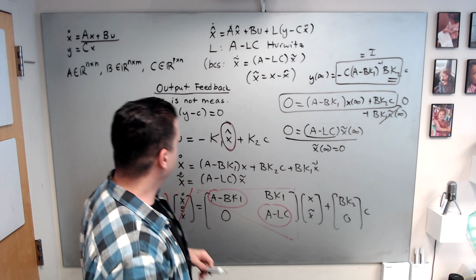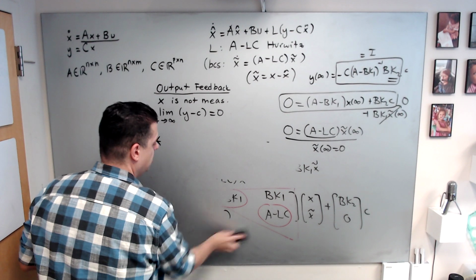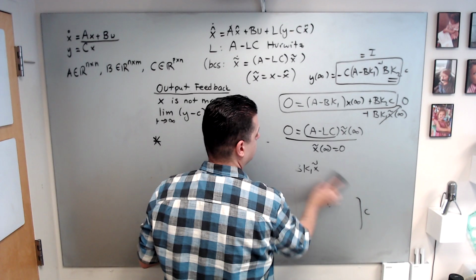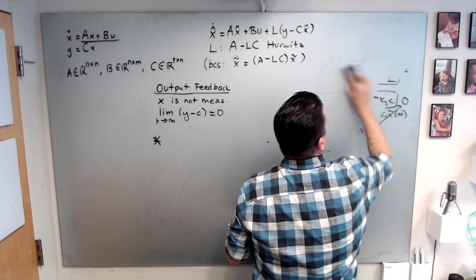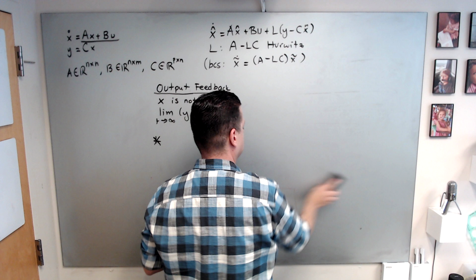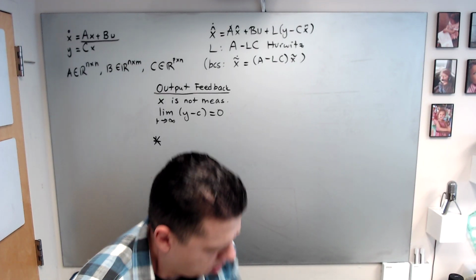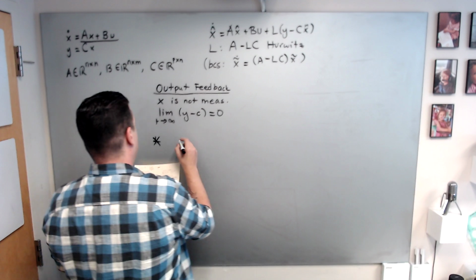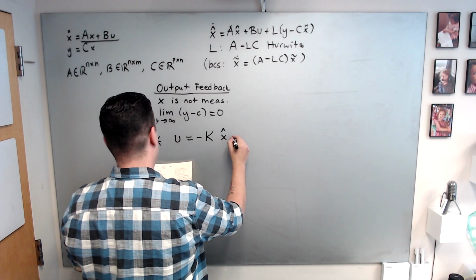Now we are going to look at the other one, the integral approach. I think you got the story. We have the same story for that. So for the state feedback case, we were using u equals minus K x hat.